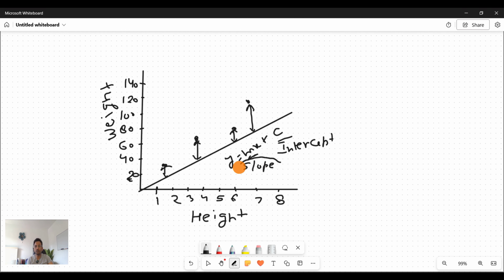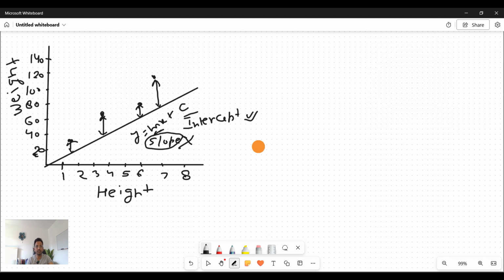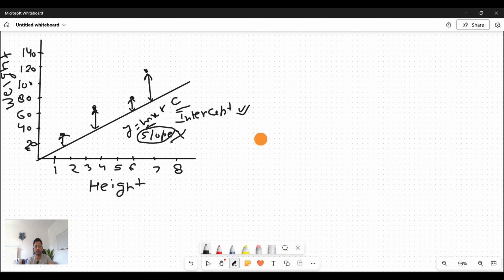So we are not going to change the slope, and we will just play with the intercept. Okay, so let's try to do it. Let me move this to a side just to have some space here, and then let's start.